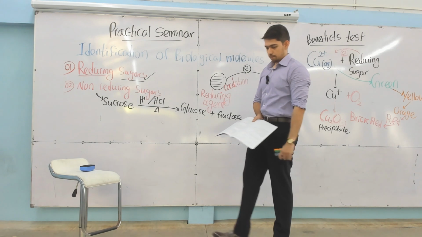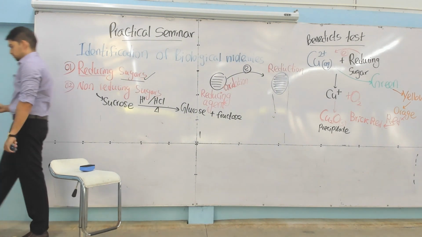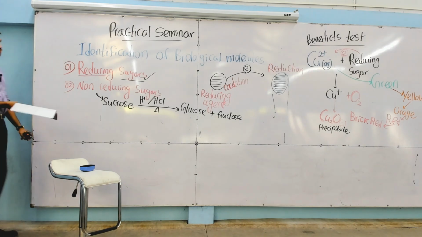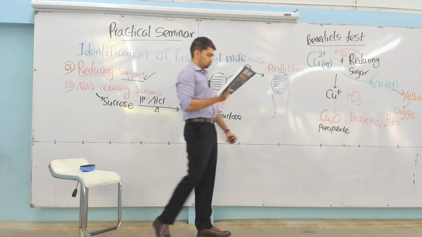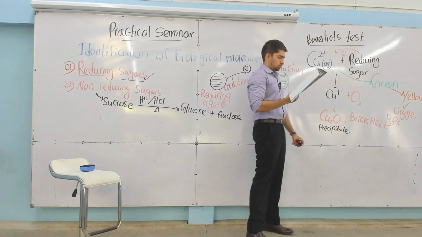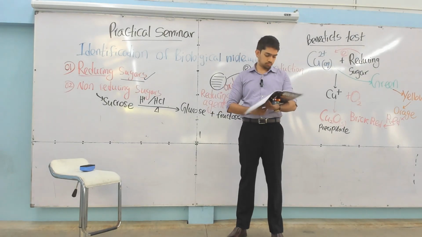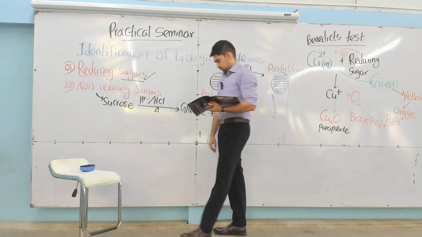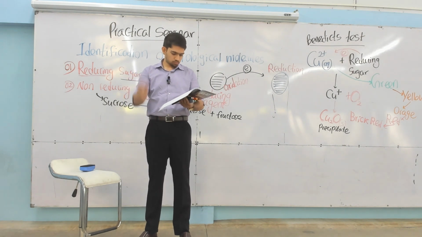They can be easily identified in the laboratory using Benedict's test.